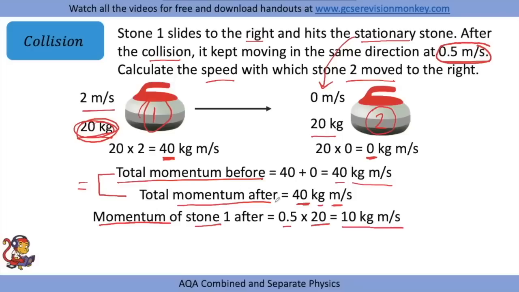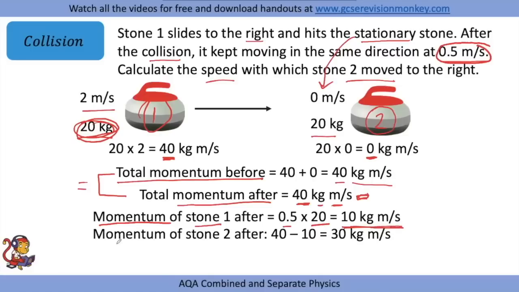So if we know the momentum afterwards should be equal to 40, we know that 10 kilograms meters per second of that is taken up by stone 1. So we know that momentum of stone 2 must be 30 kilogram meters per second, because 40 minus 10 is equal to 30 kilogram meters per second.